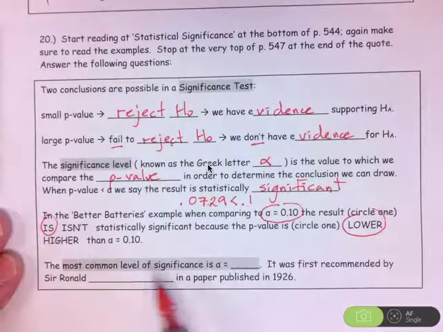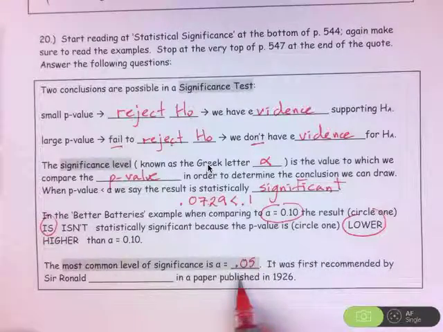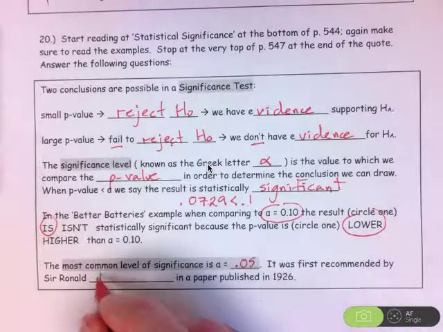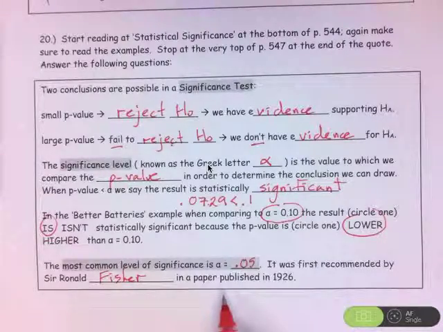So the most common level of significance that we use is 0.05. That's an alpha level of 0.05. That was first recommended by Sir Ronald Fisher. A little history here, in a paper he published in 1926.